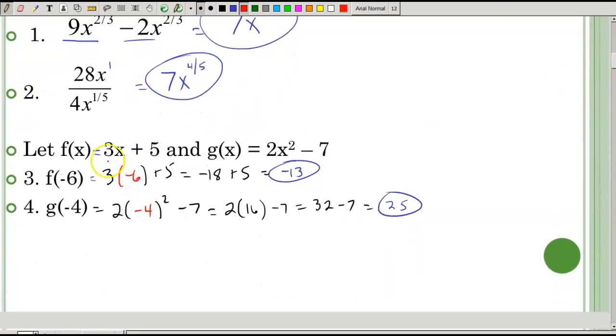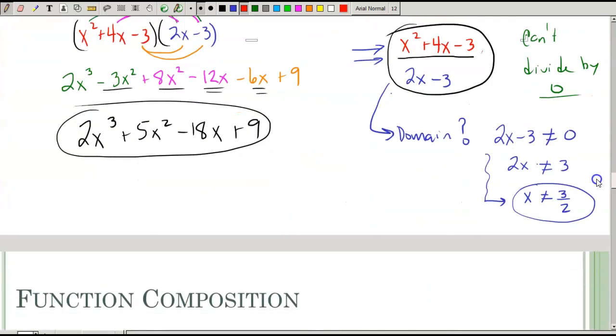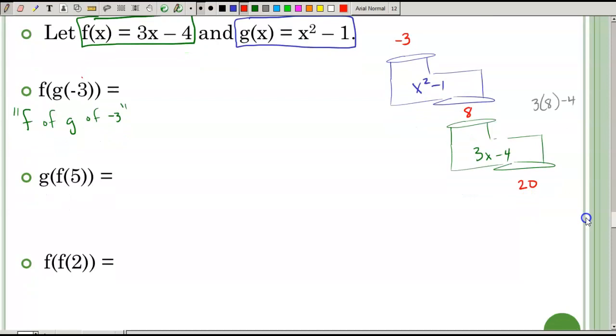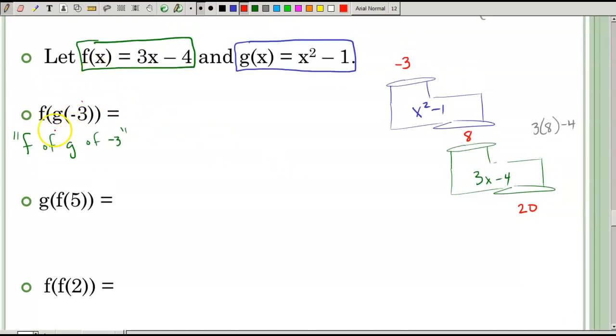If you could do f of negative 6 and g of negative 4, just plugging that number into the function and getting an output, then you should be able to connect that with doing it twice. So again, back down to here. I'm taking g of negative 3, and that alone is 8, but then I take that 8 and plug it into f here, and that gives me 20. So f of g of negative 3 is equal to 20 as my output.